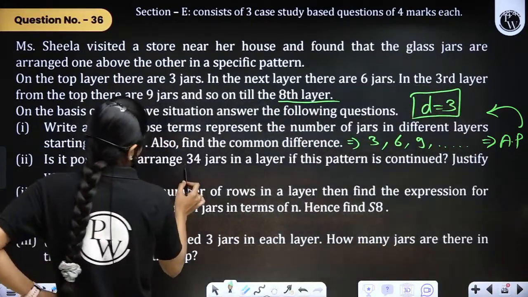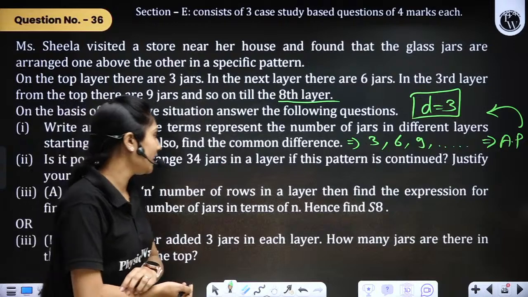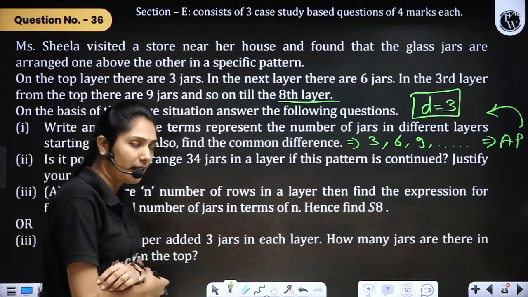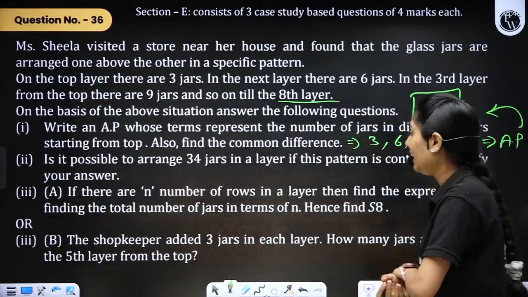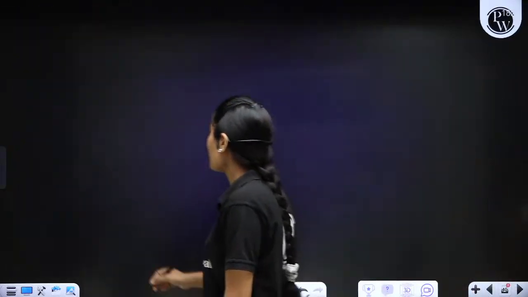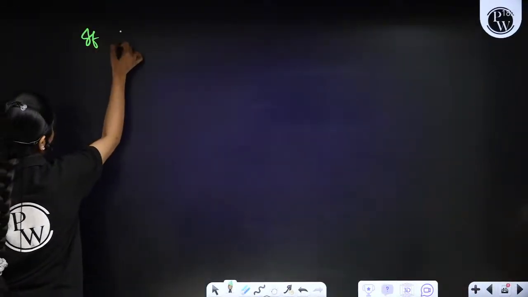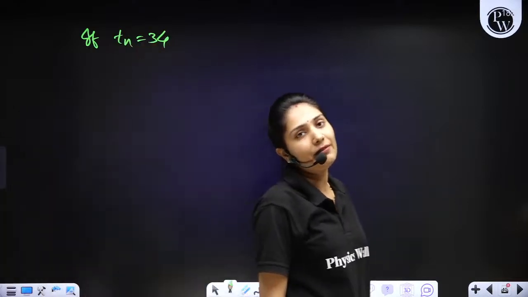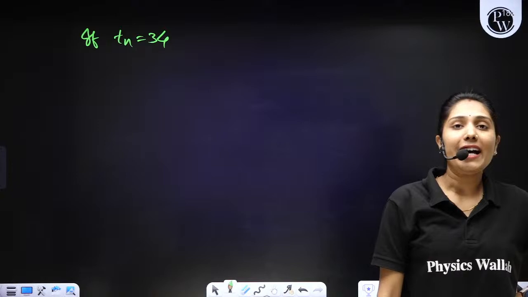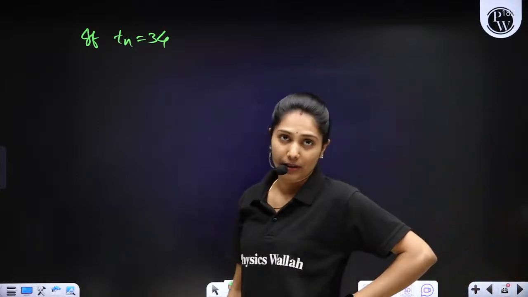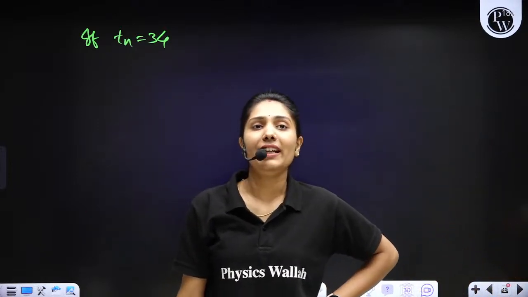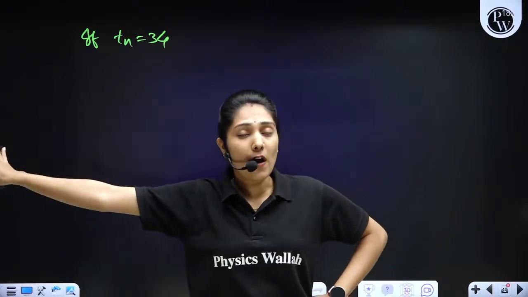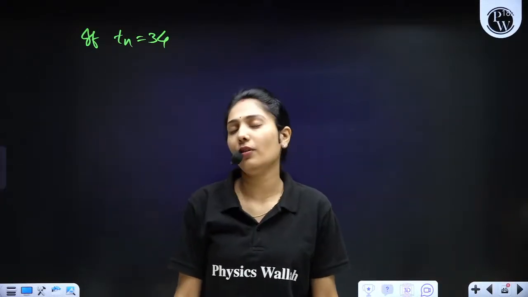Is it possible to arrange 34 jars in a layer if this pattern is continued? Justify your answer. If Tn equals 34, we need to calculate the value of n. If the value of n is a natural number, then it is possible. But if it is not, then 34 is not possible.